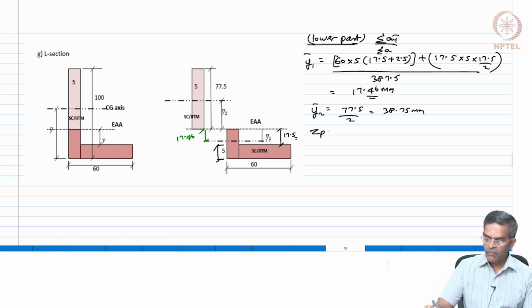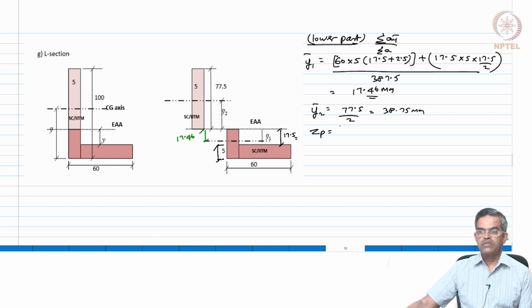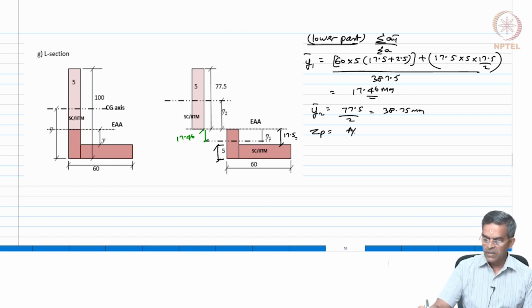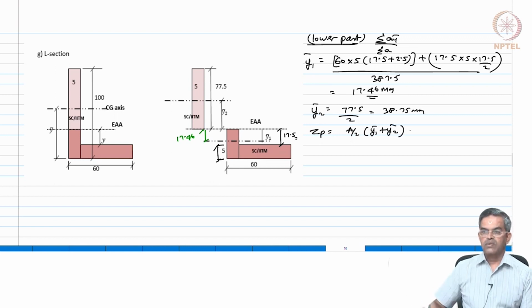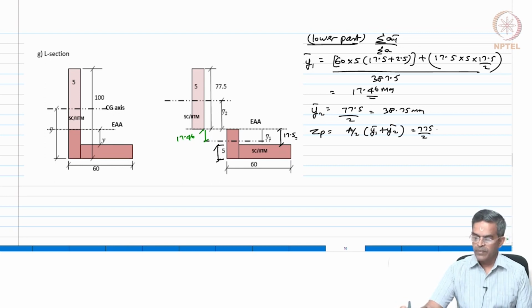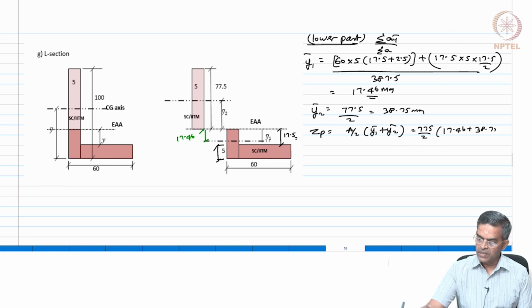So, can you quickly find Zp, friends, using this equation, which is A by 2 into y bar 1 plus y bar 2, which is 775 by 2 into 17.46 plus 38.75, which will become 21781.38 mm cube.